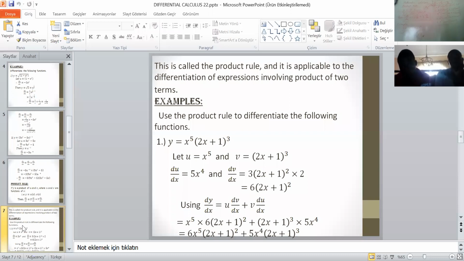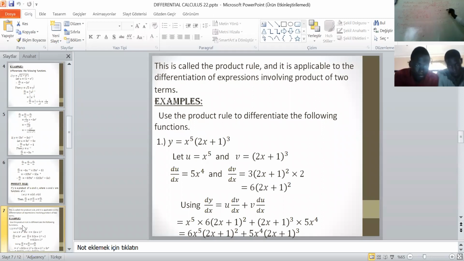If you stop here, it's okay. But you can go further because you can still simplify. If you check it now, this is x raised to the power 5 and x raised to the power 4. The highest common factor is x raised to the power 4. The highest common factor means the term that will divide each of them without a remainder. If you pick x raised to the power 5, it will not be able to divide x raised to the power 4. That's why we are picking x raised to the power 4, because it will divide x raised to the power 5 and it will as well divide x raised to the power 4.